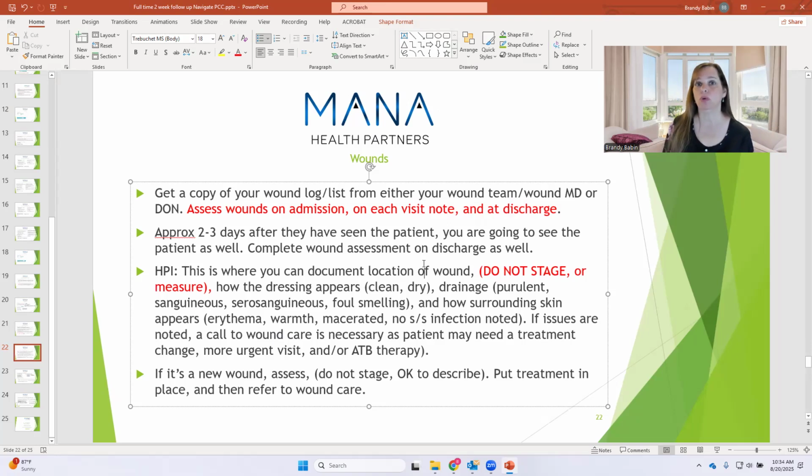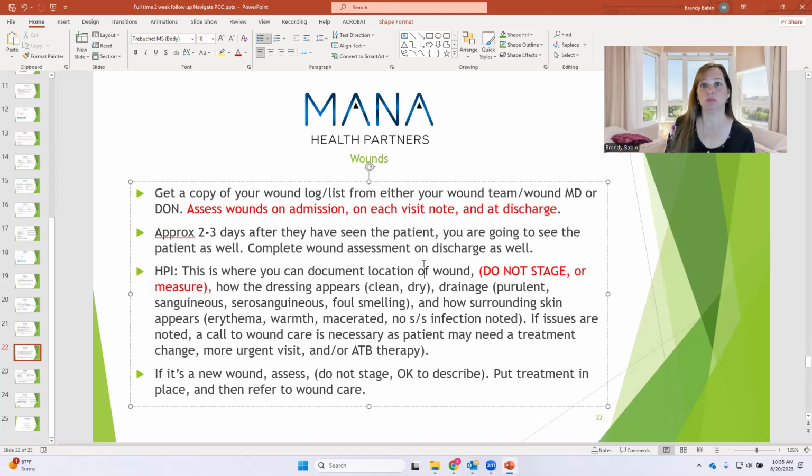We don't know, and we can look in the progress notes from the wound team, and I would always advocate for you to do this. If the wound is stable, not healing, healing. So I would always do that. But we're wanting to see if they debrided it, if the wound has gotten worse, if there's more drainage, if the drainage is clear. If the drainage is green, we may need a wound culture.